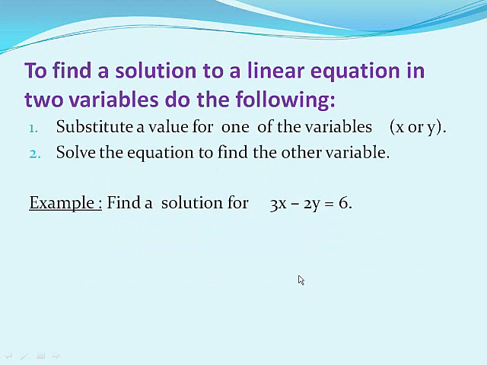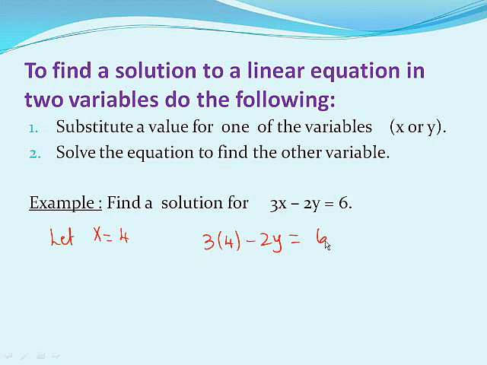To find a solution to a linear equation in two variables, do the following. Substitute a value for one of the variables, x or y. Then solve the equation to find the other variable. Here is an example, 3x minus 2y equal to 6, and we need to find a solution for this equation. So I'm going to take x equals 4, and then I can substitute here, getting 3 times 4 minus 2y equals 6.